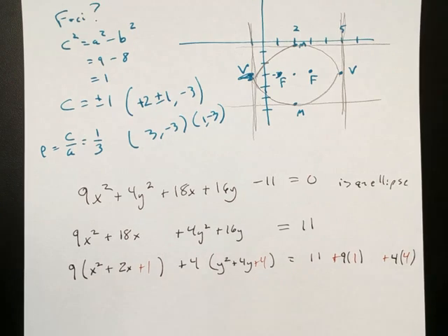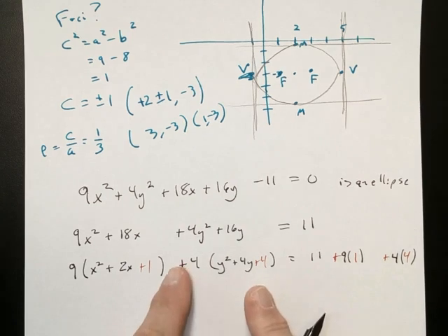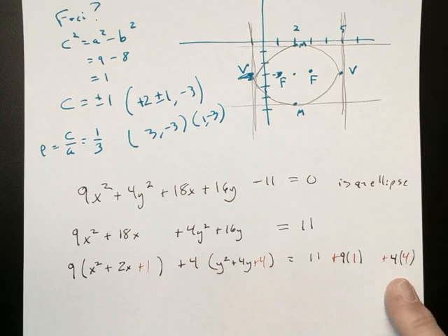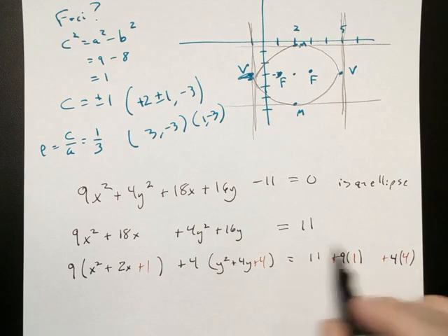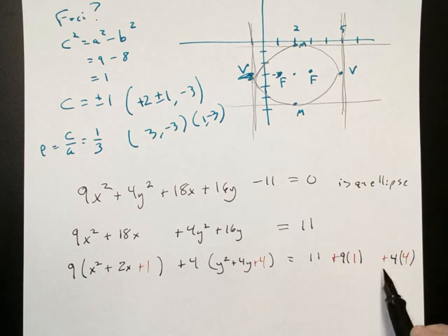Because when I put that 1 in there, I'm really multiplying it by the 9. So when I put the 1 over on the other side, I have to multiply it by the 9. When I put the 4 in here, it's really multiplied by this 4. Okay, that's actually helpful to me. What's this stuff over here? Multiply that out, add all that together.